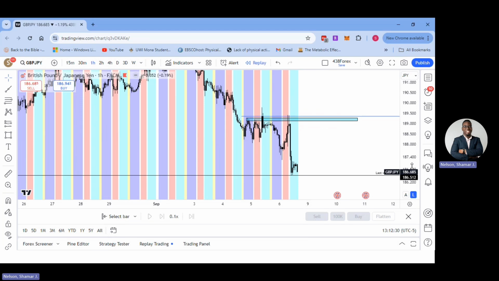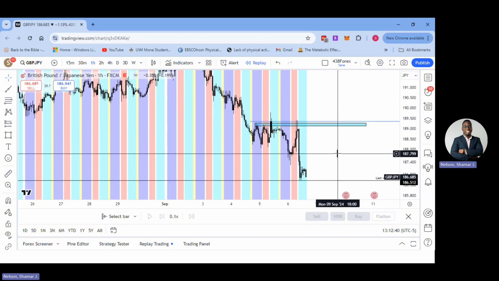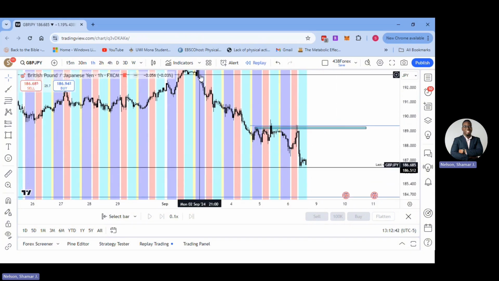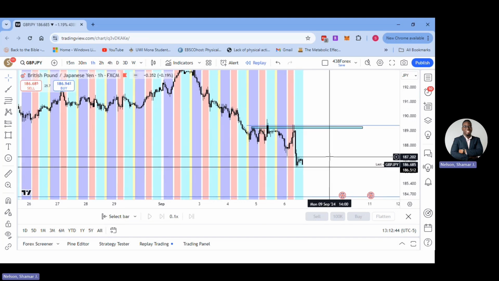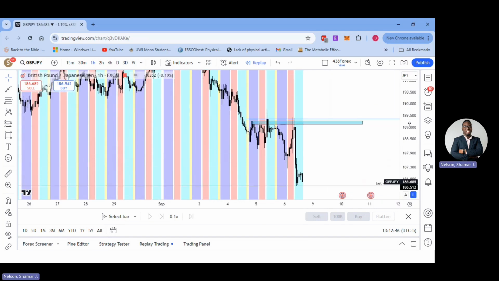Because if you know the market has been respecting this level, this is a level you'd want to enter the market in. And again, you use this in accordance with the trend the market is in.